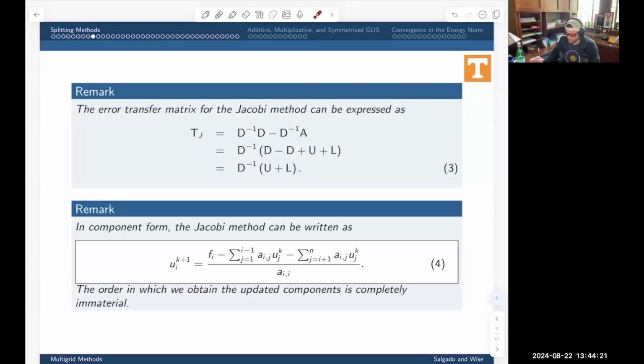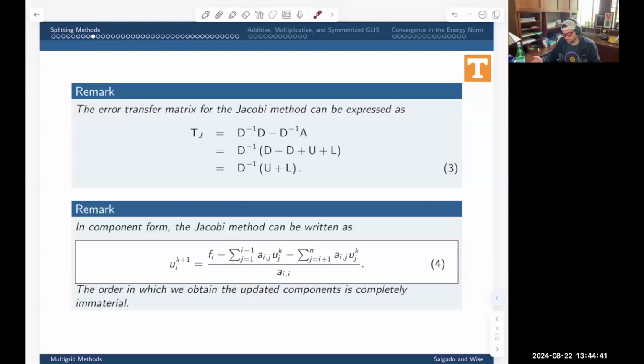I can do them in any order, and that's an important point that we're going to take advantage of later on. It may not be obvious from what I've just said, but you can do a small computational example and convince yourself that the order isn't really important.